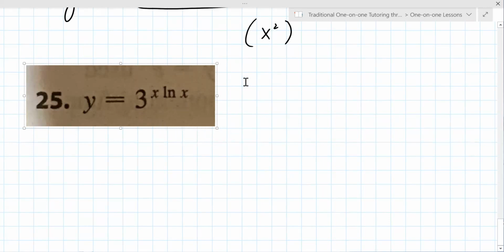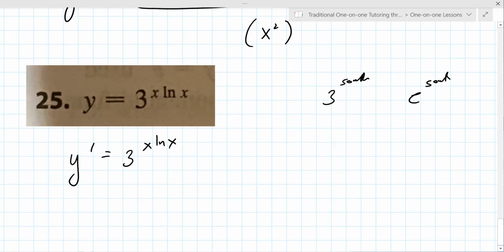All right, so for this derivative, when you see 3 to something, you should see e to something, because the derivative of e to the x is itself. The derivative of 3 to something is itself with a tiny extra factor, which is the natural log of the base.